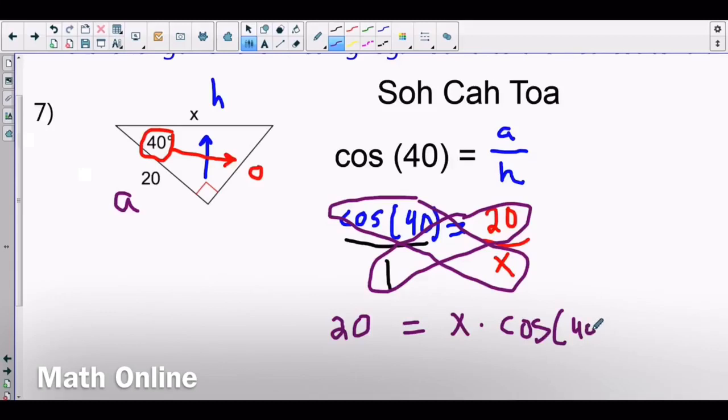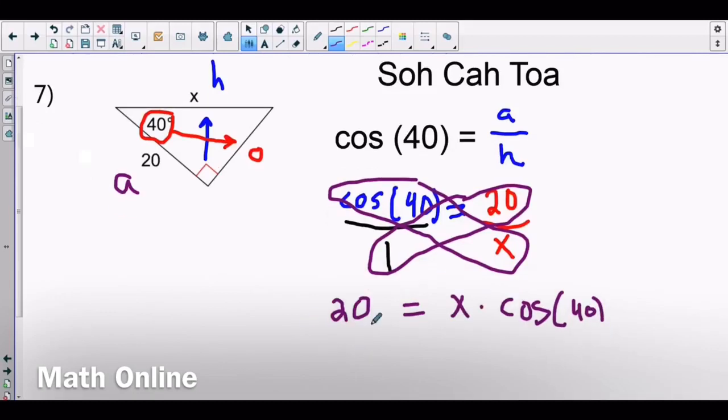Okay, there it is. All right, so now once again, we have a nice equation that has no longer a fraction, so we don't have to worry about this. All we have to do is use inverse operations in order to isolate the variable. We want to leave x by itself, so look at your operation. What is this operation called? Multiplication, right? So therefore, all we have to do is the opposite of multiplication, which is division.